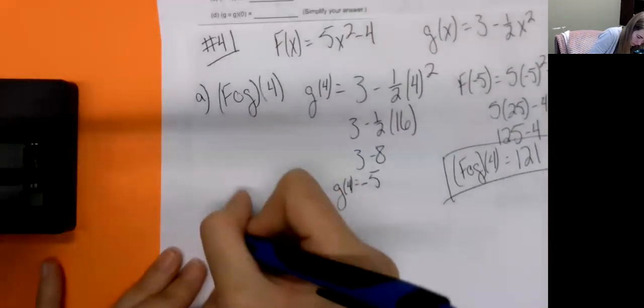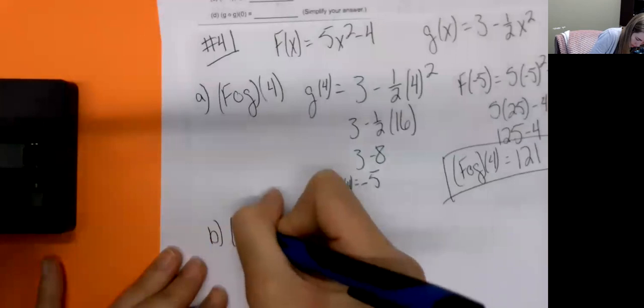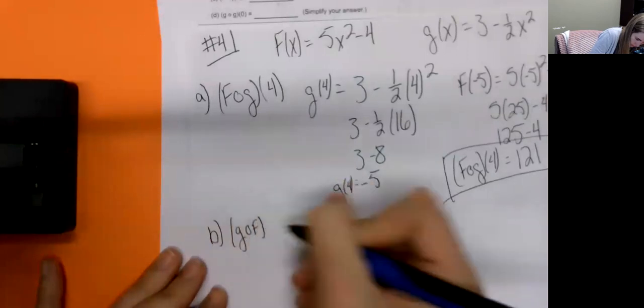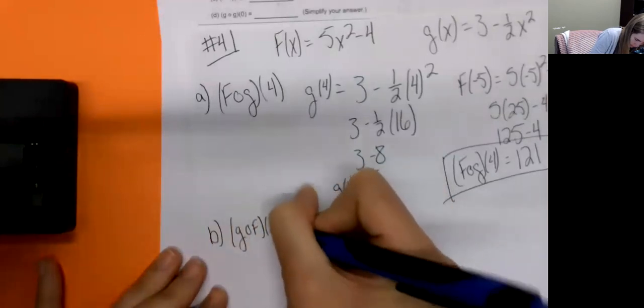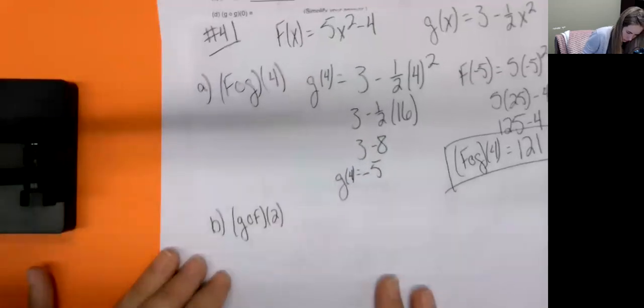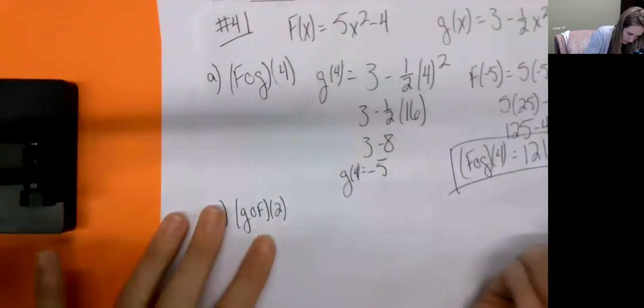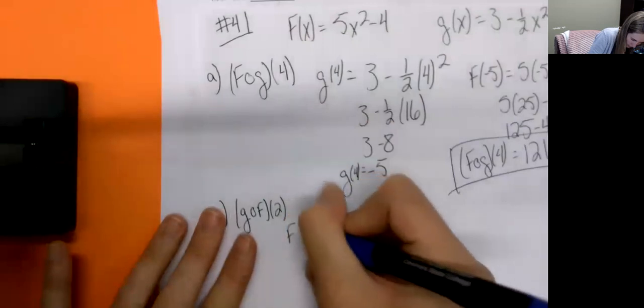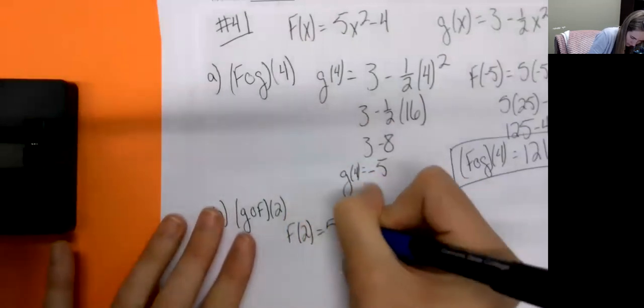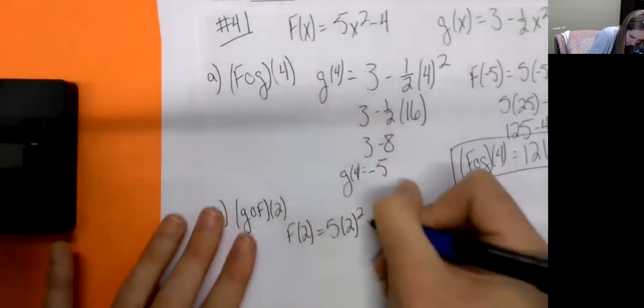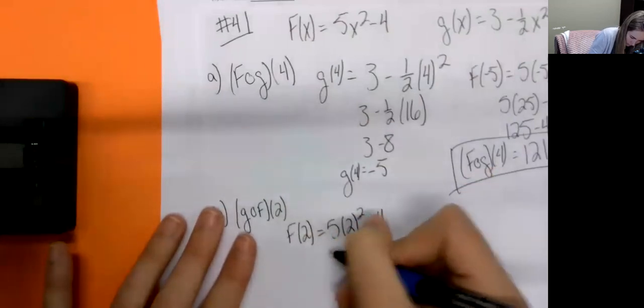Okay, B is g of f of 2. So first we're going to put 2 into the f function. So f of 2 equals 5 times 2 squared subtract 4.